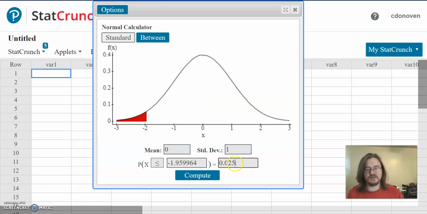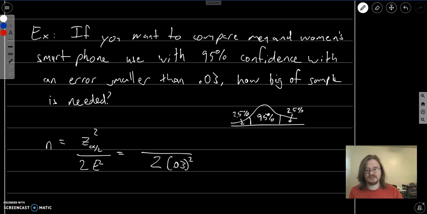So the area should be 0.025, and that's negative 1.96 if we round to two decimal places. So negative 1.96, and we are squaring that. You plug all that into a calculator, and you get 2,134.2, rounding to the tenths place.